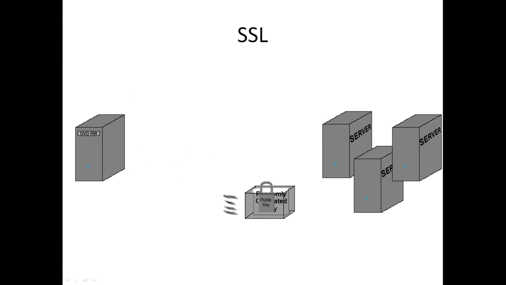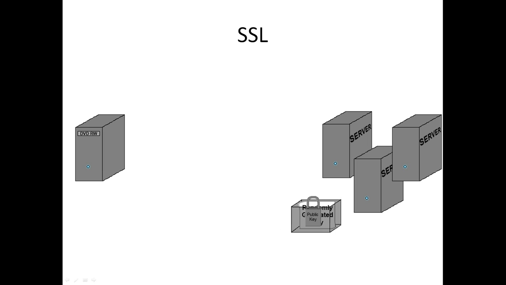Once our generated key is locked by the public key, it is sent off to the server. The server receives the information and opens the lock with what is called a private key. Now, the two parties can communicate securely.